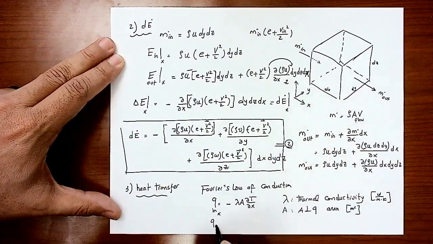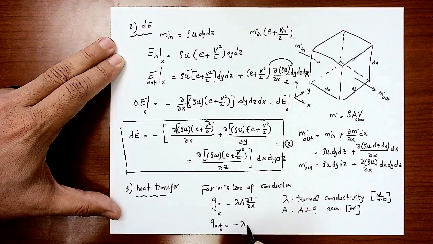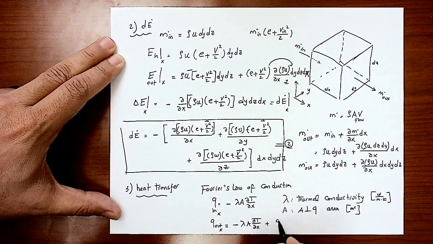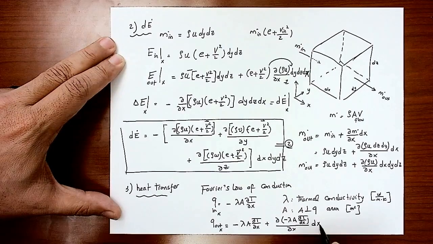So Q out in the X direction should equal the same heat in, plus the variation of that heat relative to the X direction times dx.